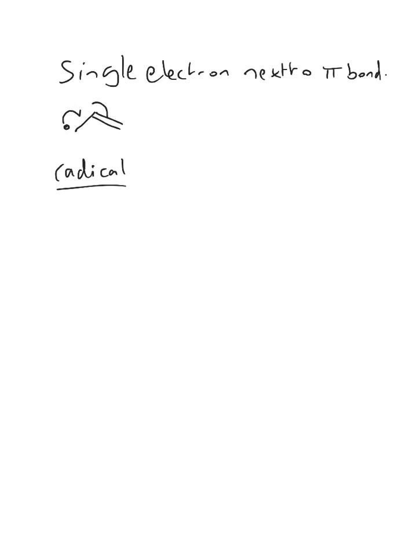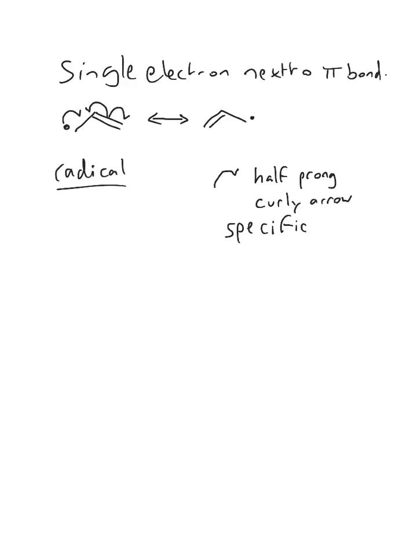And this is the movement of single electrons, so that we end up getting a resonance structure where we have a double bond and a single electron at the end of the other previously pi bonded carbon. So let's just focus on that. The half-prong curly arrow specifically denotes movement of a single electron.